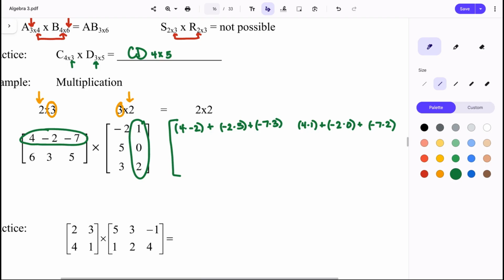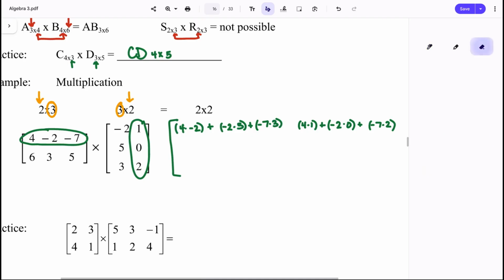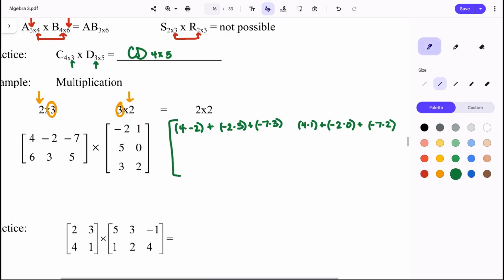Once I've got that last column done, now I move on to my second row. So now I'm dealing with this row, and I'm going to take it times this column first. So everything's going to look similar except for those first numbers in my pairings are going to change now to my second row of numbers. So we've got 6 times negative 2 plus 3 times 5 plus 5 times 3.